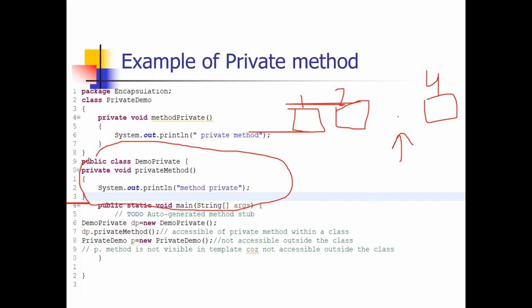Where will you see the lock, where will you insert the key? If the house is not visible, then the lock will not be visible. If the lock is not visible, then what is the use of the key? What is the use of object creation? Because that particular room is not visible. That's why that particular class is not visible. So object creation will not work here.